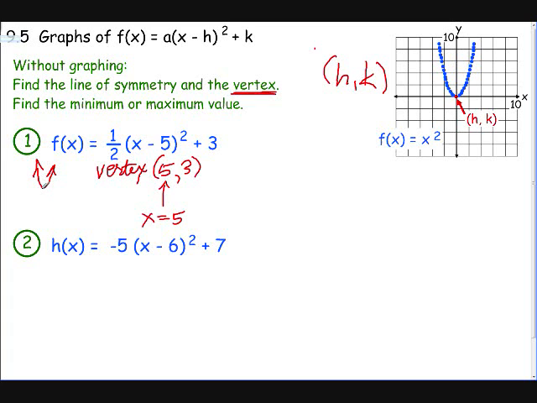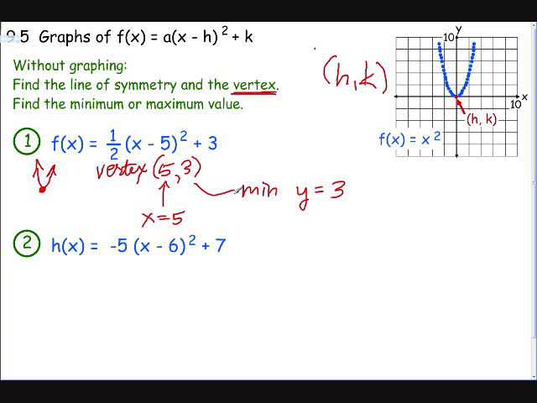So if it's opening upward, are we dealing with a maximum or a minimum here? A minimum. And the minimum is at y equals 3. So you can see once you have the vertex, you also have the line of symmetry and the value of either your minimum or your maximum.